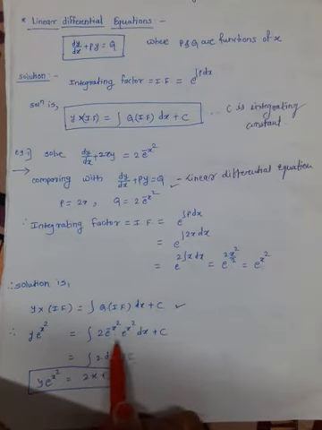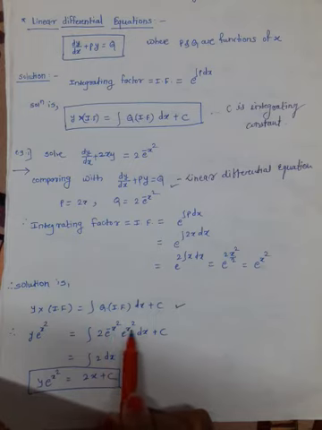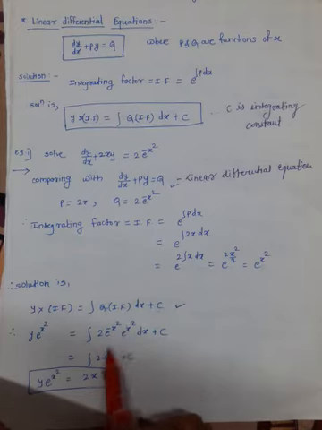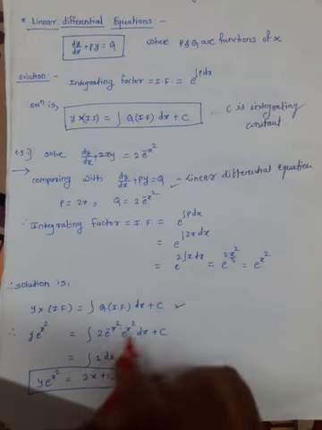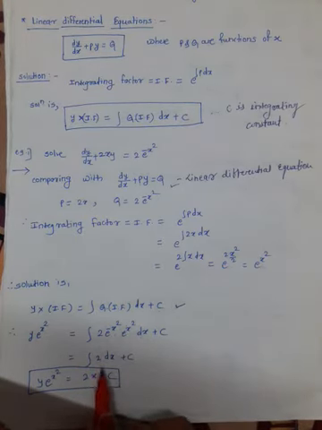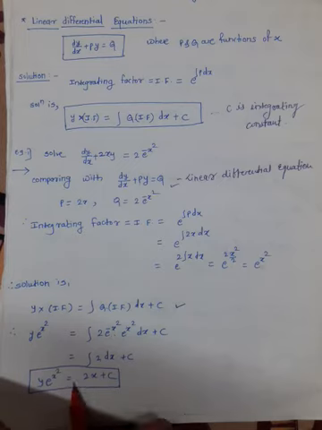The base is the same, so the indices add: minus x square plus x square cancels, giving e raised to 0, and anything raised to 0 is 1. So the integration consists of only 2; take 2 outside, and the integration of 1 is x. Therefore the answer is y e raised to x square is equal to 2x plus the integration constant c.